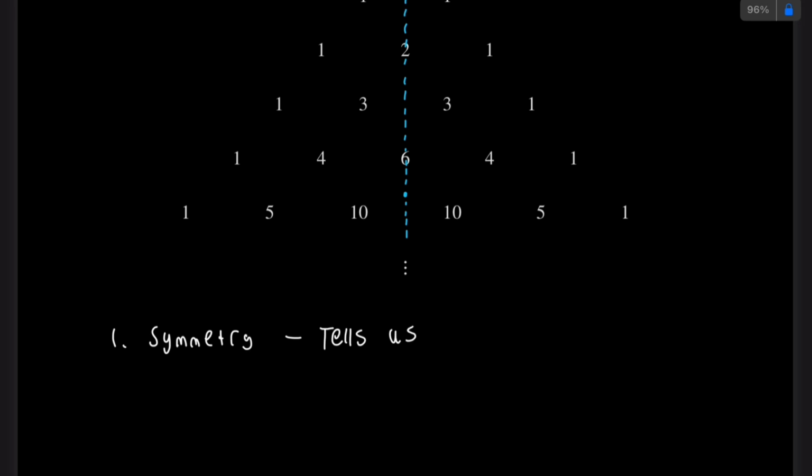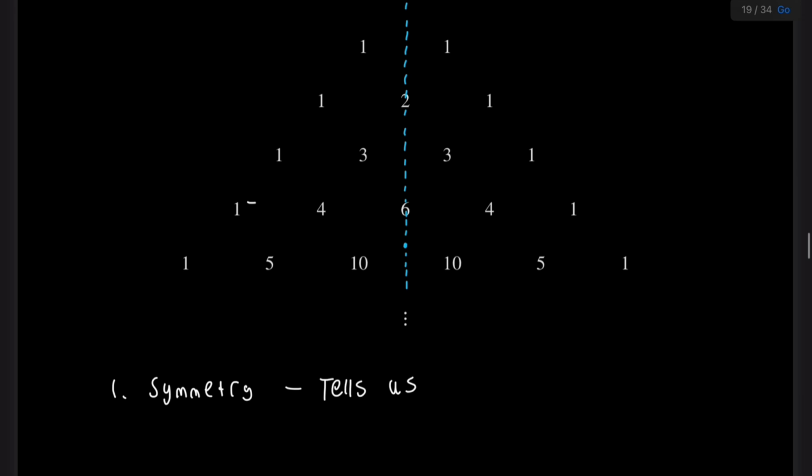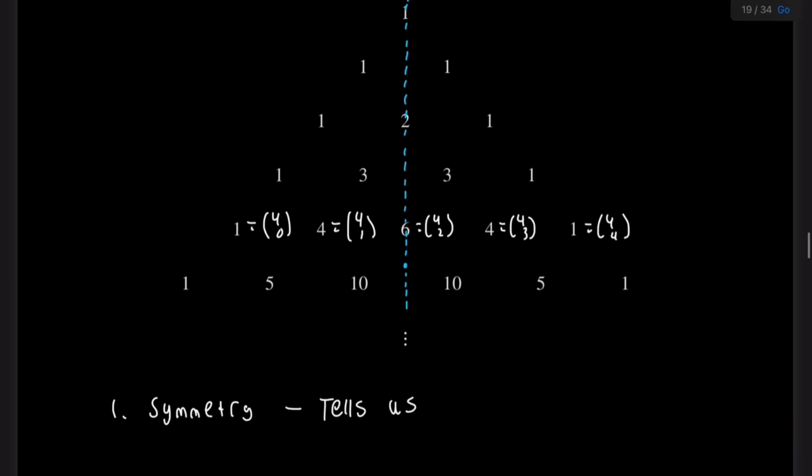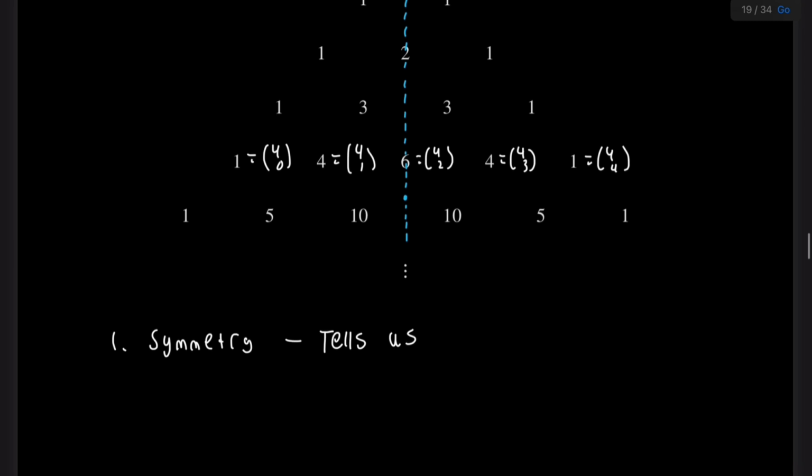Well, maybe it would be helpful to look at this row, for example, because this row is 4 choose 0, 4 choose 1, 4 choose 2, 4 choose 3, and 4 choose 4. So from this row, we can see that 4 choose 0 equals 4 choose 4.